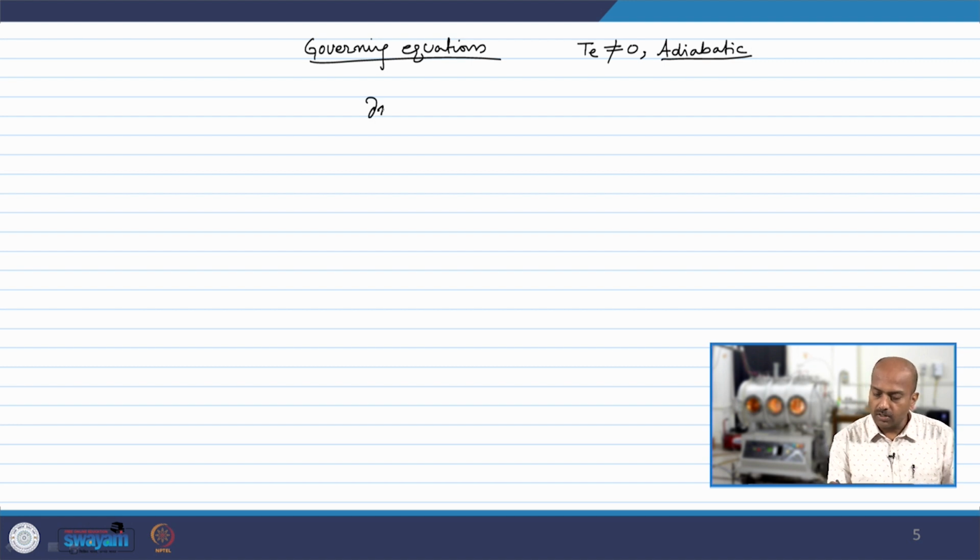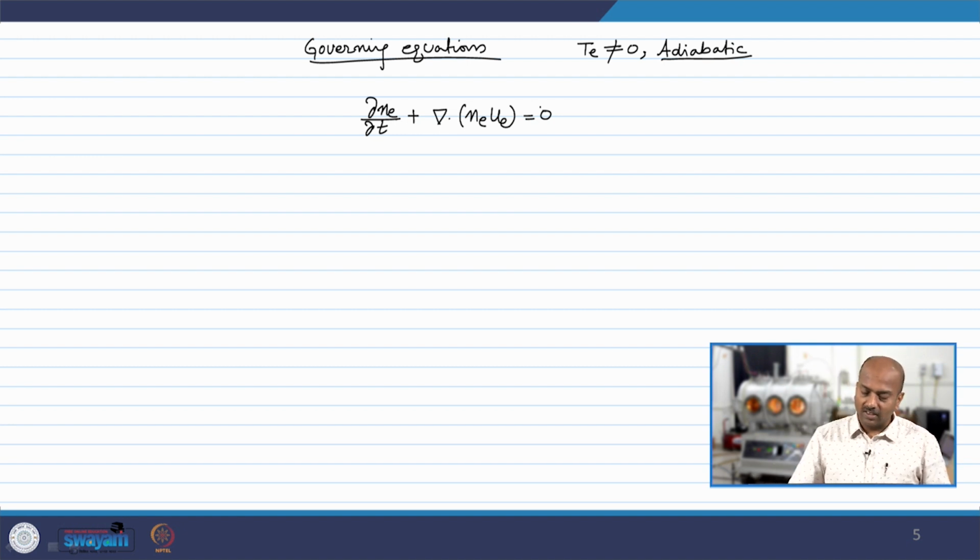So, the first equation is dou Ne by dou t plus del dot Ne Ue is equal to 0. What is it? This is the continuity equation. What is it telling? The rate at which the electron density is changing with respect to time is related to the divergence of this mass flux, the Ne Ue term. Let us say we call it equation number 1.